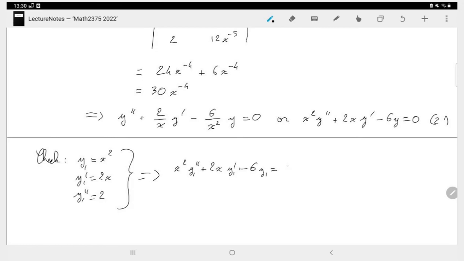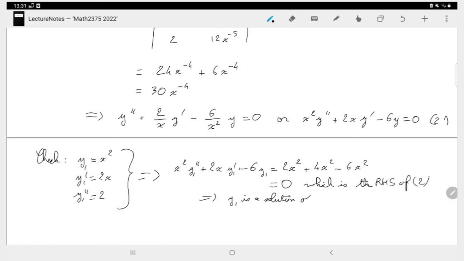That's equal to 2x squared, then we have plus 4x squared, and then we have minus 6x squared, and that's obviously 0, which is the right-hand side of equation 2. So what we get here is that y1 is a solution of 2. Okay, that's one done.